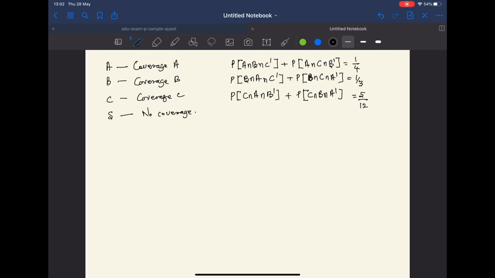Now, we know that the sum of this whole set of probabilities, plus the probability that you choose no coverage, will give us 1.